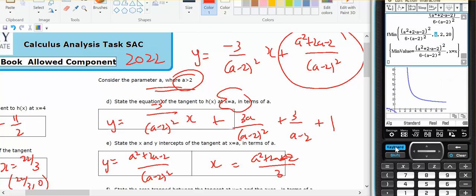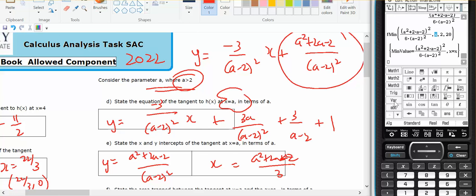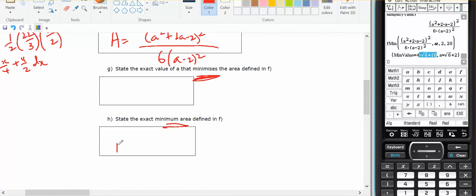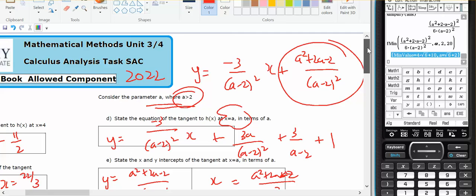That's my problem. And I go okay. I get a minimum area of 10 plus 4 root 6, and it's at a equals 2 plus root 6. And that's question 3.